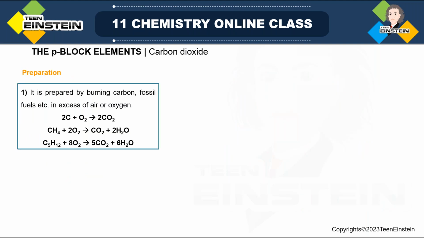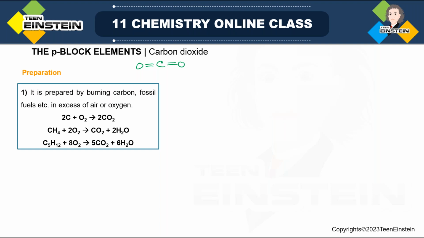So that is the first oxide of carbon, carbon monoxide, we have completed it. Now we will start carbon dioxide. In carbon dioxide, this is a linear structure, on two sides of carbon there are two double bonded oxygens. First we will see how we can prepare this oxide.